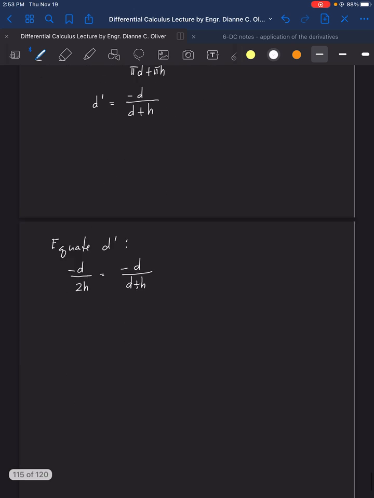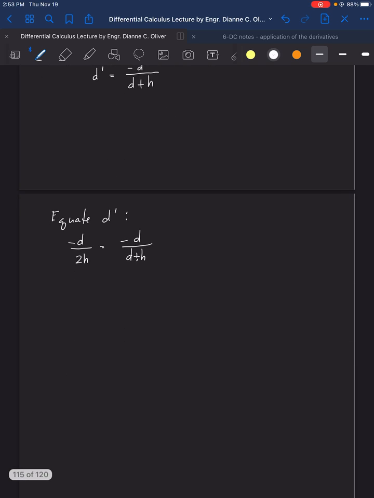So what's left here is d plus h equals 2h, or d to h. Then cancel out the d here. Then we have d plus h is equal to 2h. D is equal to h.